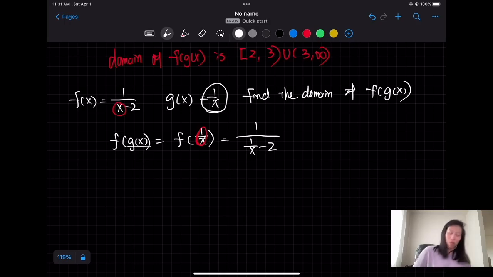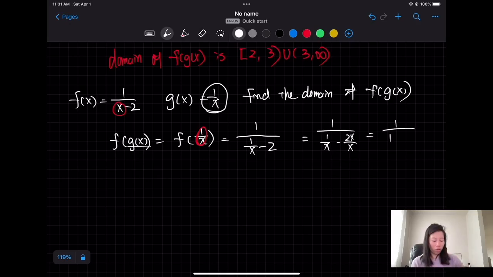So how do we simplify it? Find the common denominator first. I can have 1 over x minus 2x over x; you multiply x and x at the same time. Now they have the same denominator, so we can merge these two together. I have 1 over (1 minus 2x) over x.